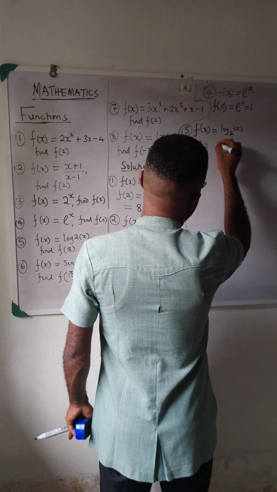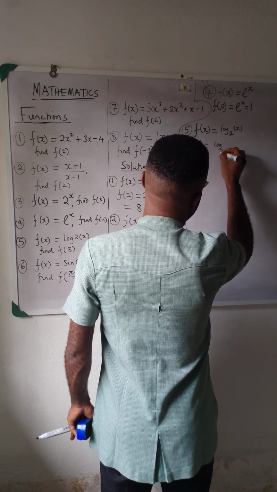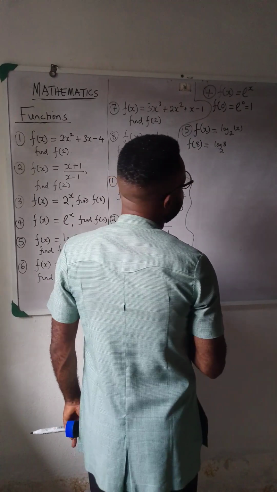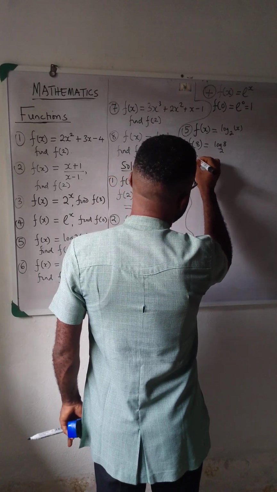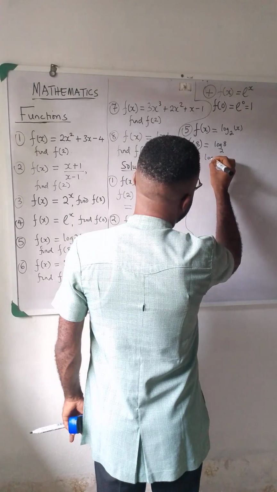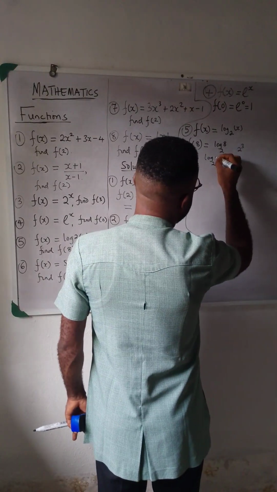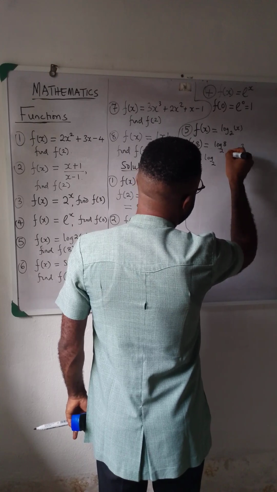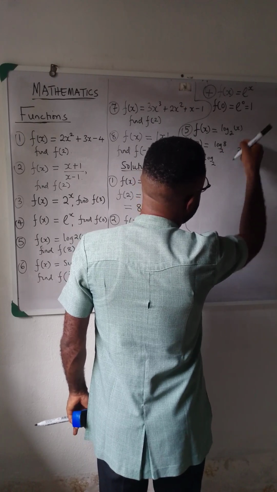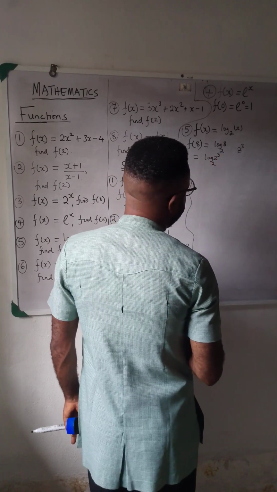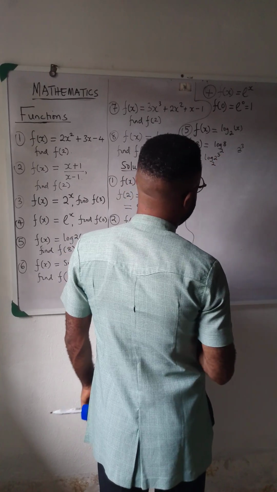So this will be equal to log base 2 of 8, the value of x now being 8. If we want to solve this down, we know that 2 raised to power 3 will give us 8. Since we are using base 2, we make it 2 raised to power 3. So in place of 8, we now have 2 raised to power 3.